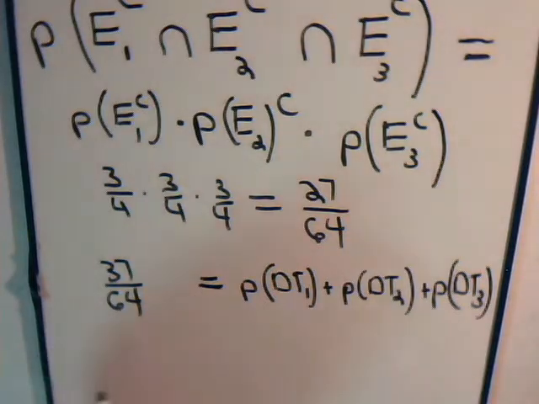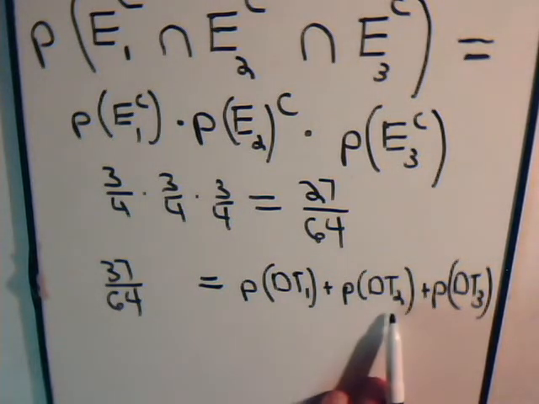That is the probability of at least one defective transistor being found, or at least one inspector finding a defective transistor. It's the sum, really, of finding one, or two, or three.